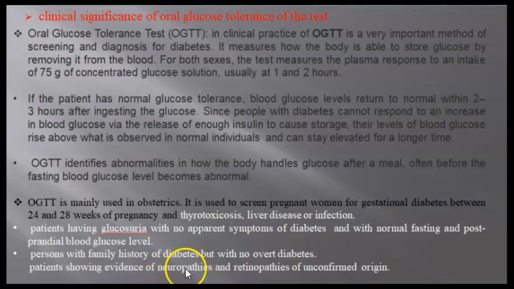So that is a complication of diabetes mellitus. Or in the case of retinopathy, where the blood vessels behind the retina have been damaged, and then there is now a problem with vision. It's also a complication of diabetes. So we can check with the oral glucose tolerance test.